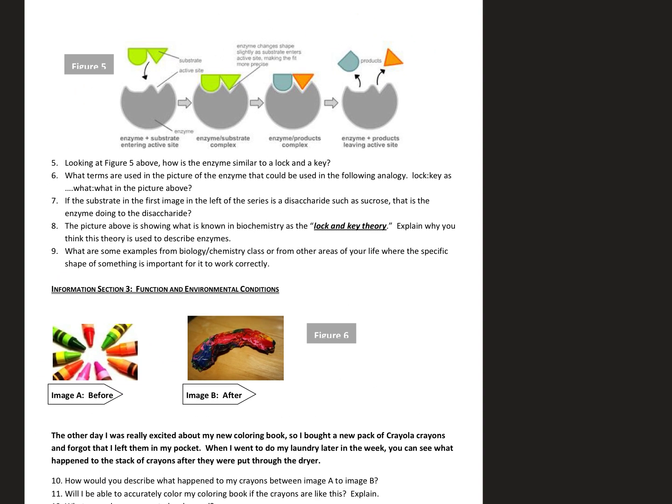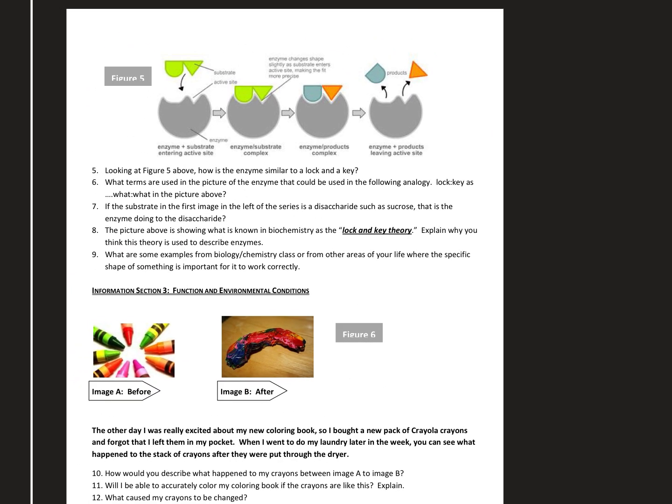Now, here again are the enzymes and the substrates. So, as you can see, here is a substrate. It has two very distinctive shapes, this kind of rounded edge, and here's a triangle. It fits perfectly in here. And when it binds, the enzyme and substrate bind through hydrogen bonding, and they fit very precisely.